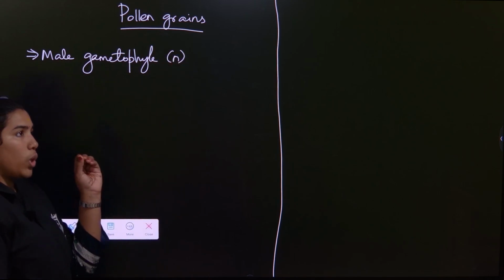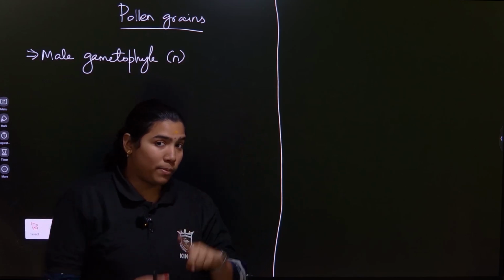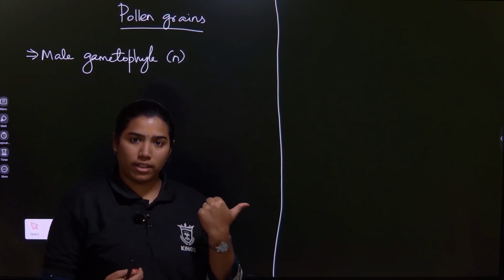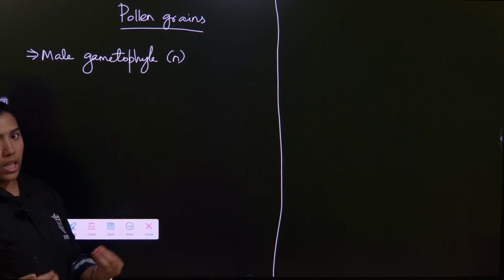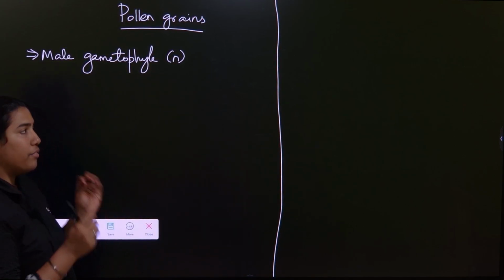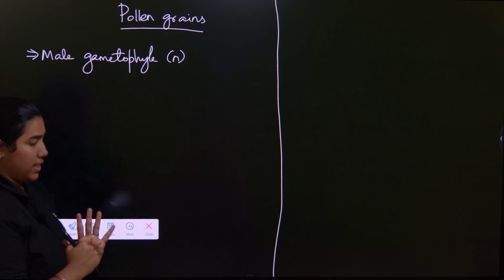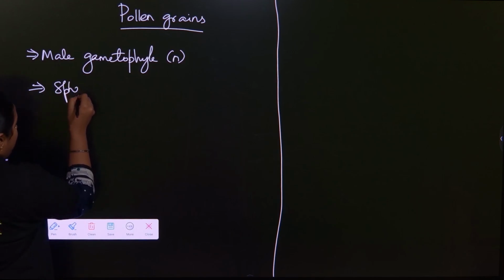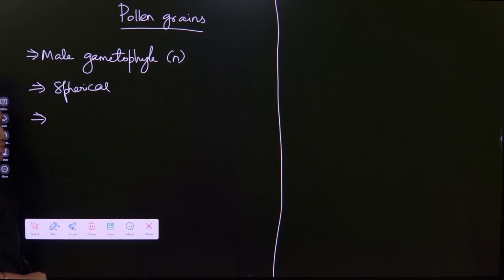Okay, so in the flow of microsporogenesis, the microspore mother cell is diploid, microsporangium is diploid, anther is diploid, only the pollen grain is haploid. So it takes the position of male gametophyte. Whenever you refer to male gametophyte, make sure you are referring to pollen grains. Pollen grains are usually spherical, but elongated, oval, ellipsoid, every shape is possible.